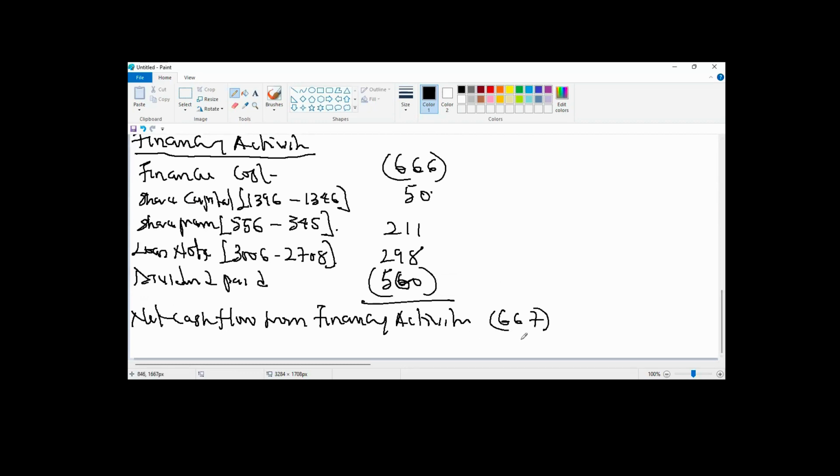Positive or negative? It's positive. That will be an increase in cash and cash equivalents: 708. So let us go and do the cash and cash equivalents at the beginning and at the end.